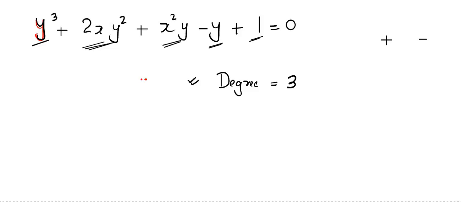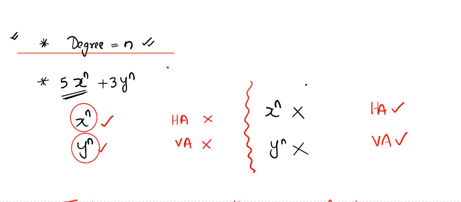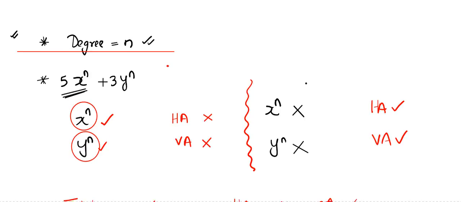The second thing you should check is whether x power 3 is present or not, and whether y power 3 is present or not. You can see that x power 3 is not present and y power 3 is present. Do you remember what I wrote earlier? If x power n is present, horizontal asymptotes will not be there. If y power n is present, vertical asymptotes will not be there.